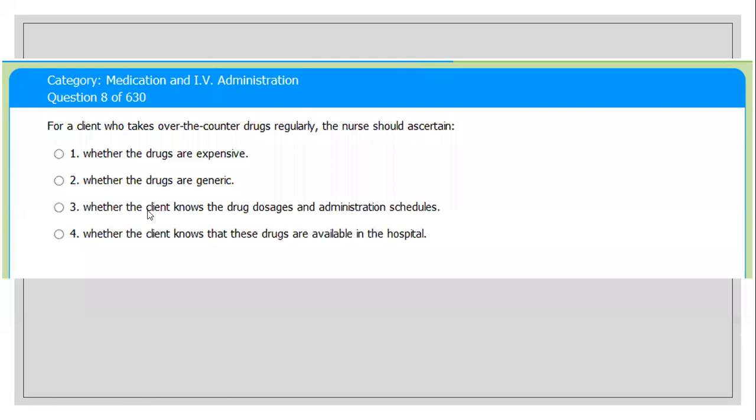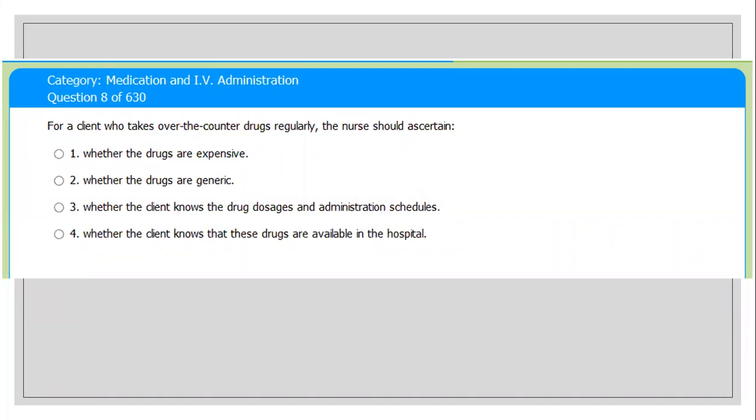If it is more than the normal dose, it can cause overdose or poisoning. So this is the most important, that my patient is aware of the doses and administration schedule. Because some medication we should take before food, some medication is good to take with food, some medication good to take after food.